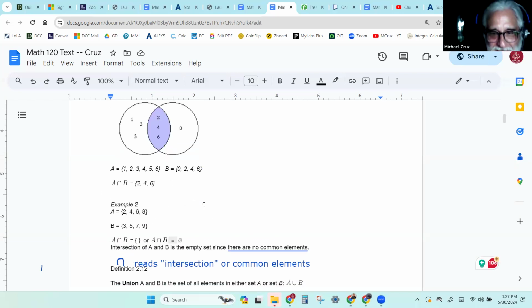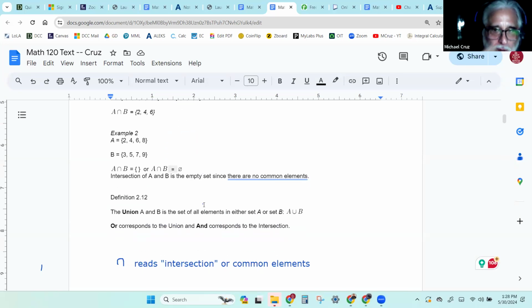So let's go down. Now, here's another example, and here's one that we talked a little bit about earlier when we talked about the disjoint sets. We have a set A with 2, 4, 6, 8 in it. And we have a set B that's got 3, 5, 7, and 9 in it. And if you'll notice, the difference between those two is A is even numbers and B is odd numbers.